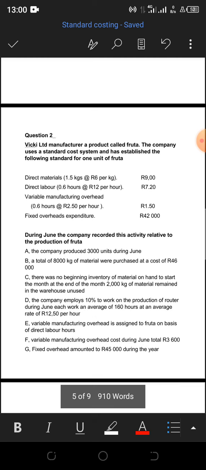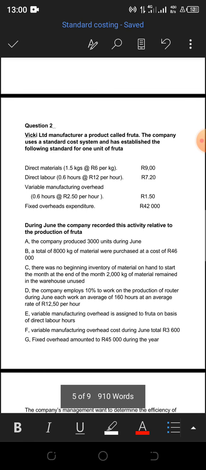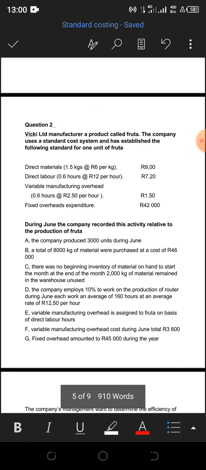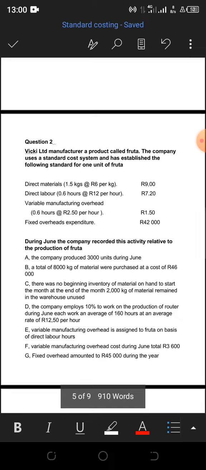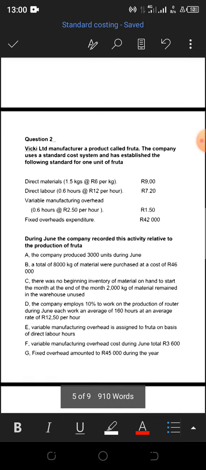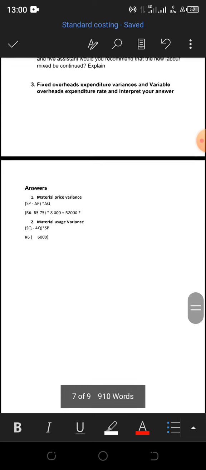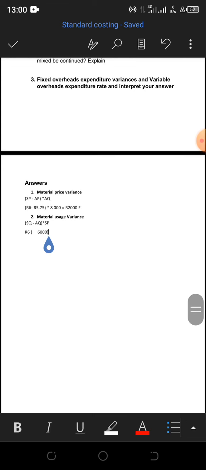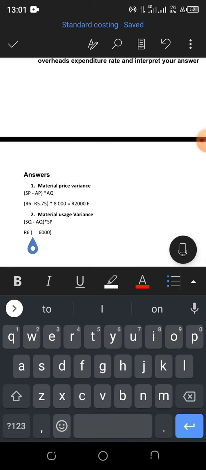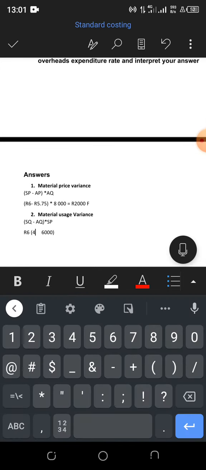Okay, then our production on number A, they said the company produced 3,000 units during June, which means that we have to multiply by 3,000. 1.5 multiplied by 3,000 will give us the amount of 4,500, which is called standard quantity. 4,500.